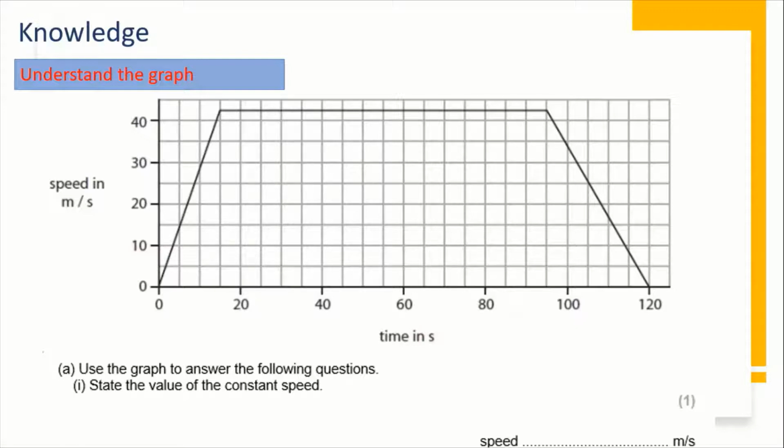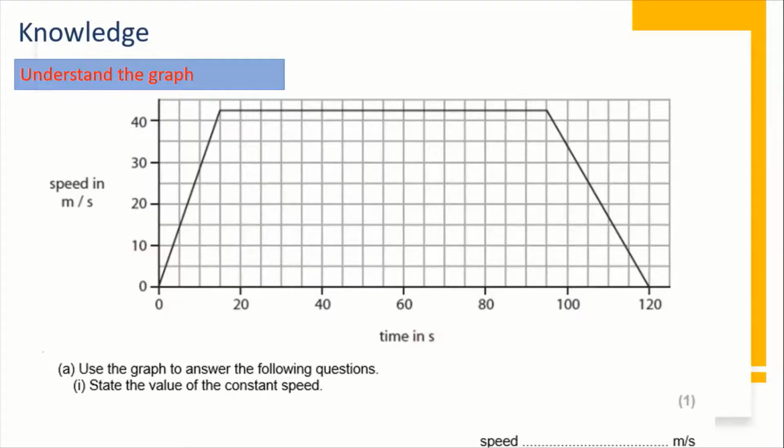The first part of the graph has a positive gradient, the second part of the graph is a horizontal line, and the third part of the graph has a negative gradient. The positive gradient at the beginning and the negative gradient at the end. So these two gradients are constant.